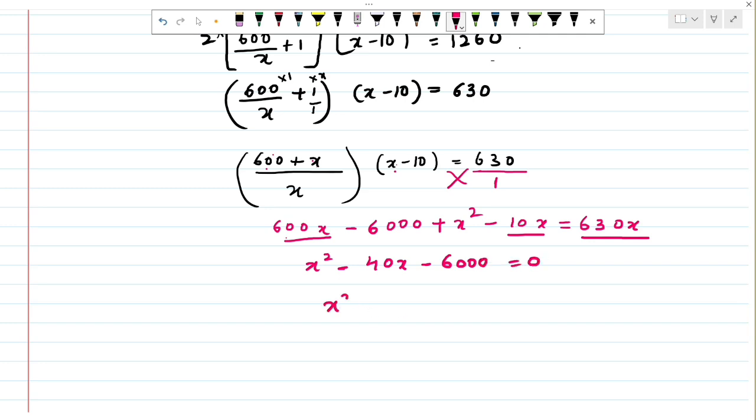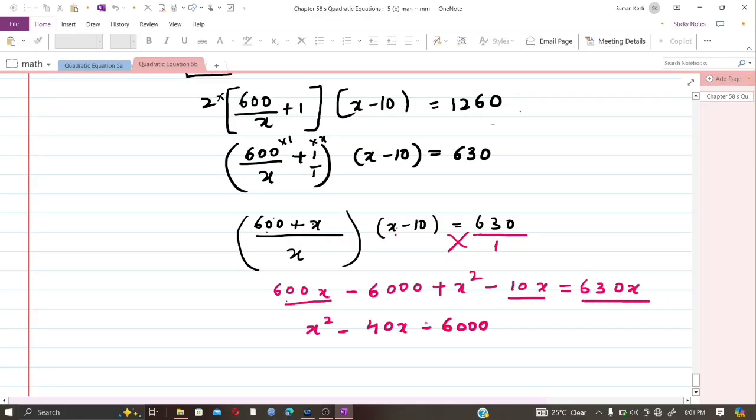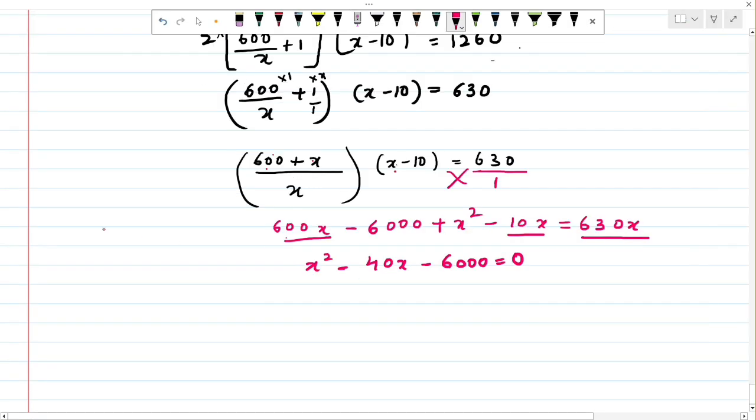So x square minus 40x minus 6000 is equal to 0. In order to get 6000, I'll multiply 100 into 60. So I'll get it as 6000, right? And if I subtract them, I'll get minus 40.